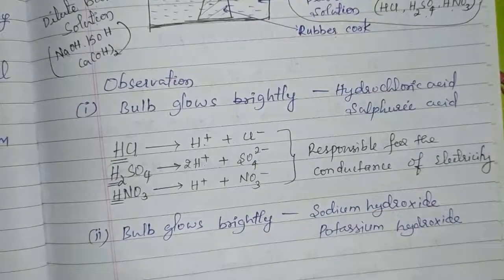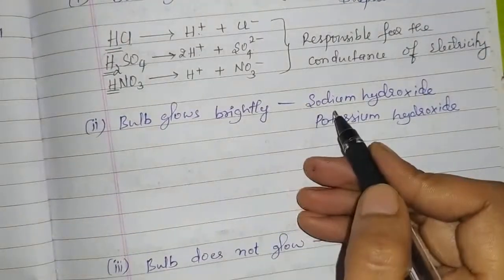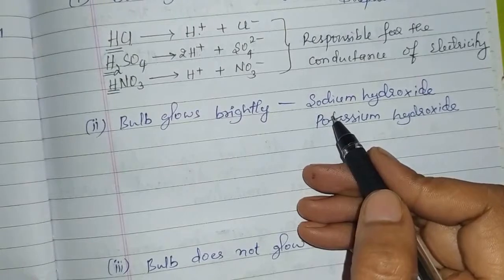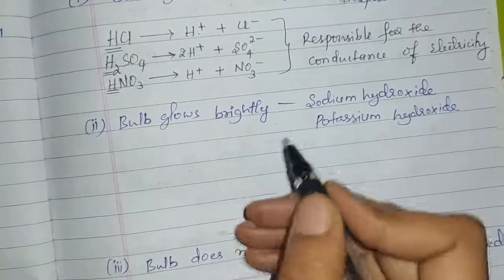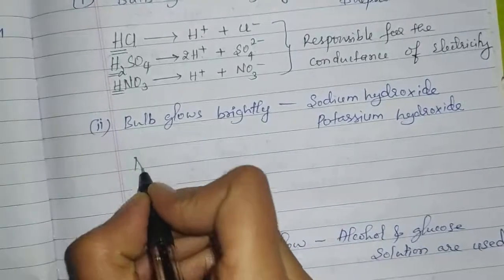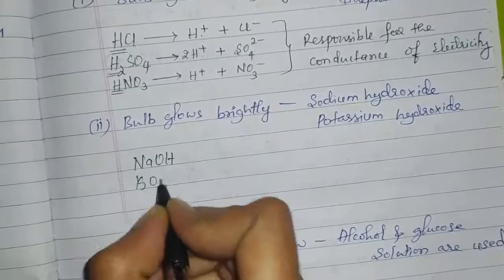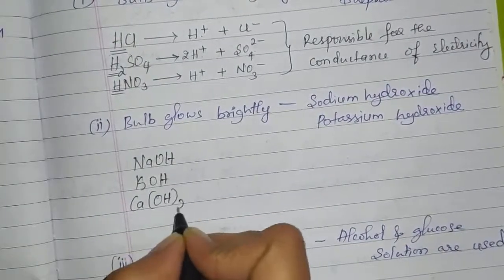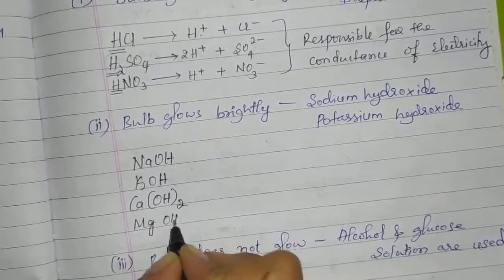Let us see the case of bases. When bases are taken in that beaker and we repeat that activity, we will observe that the bulb glows brightly. Examples of bases are sodium hydroxide, potassium hydroxide, calcium hydroxide and magnesium hydroxide.